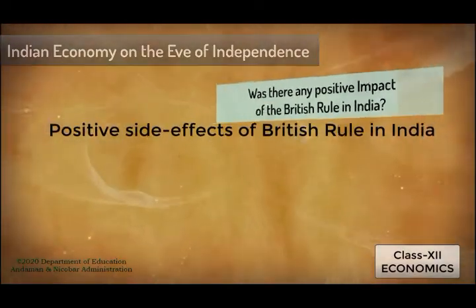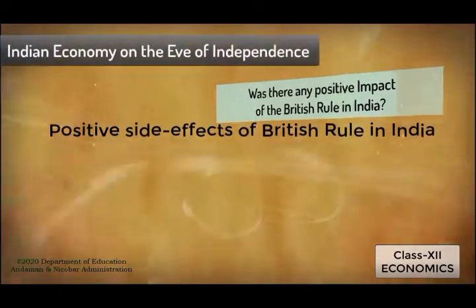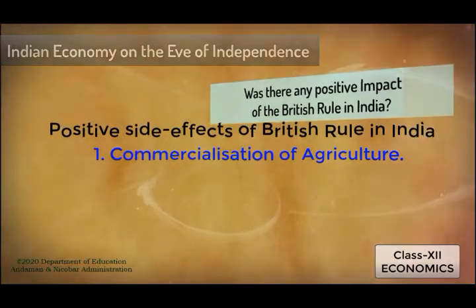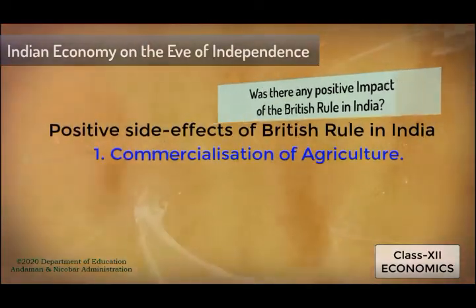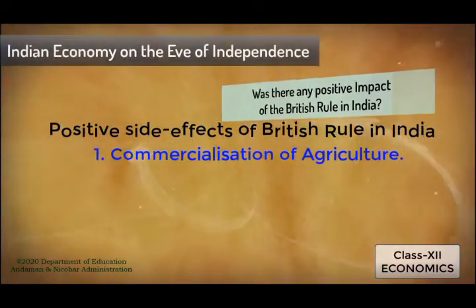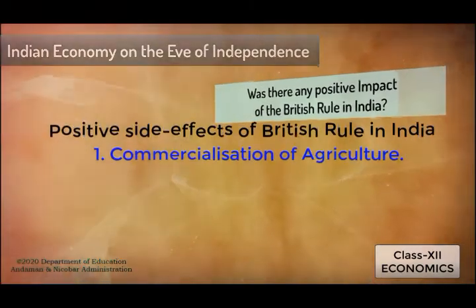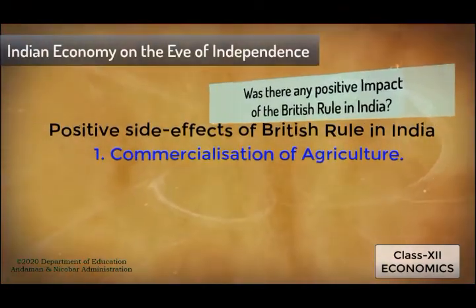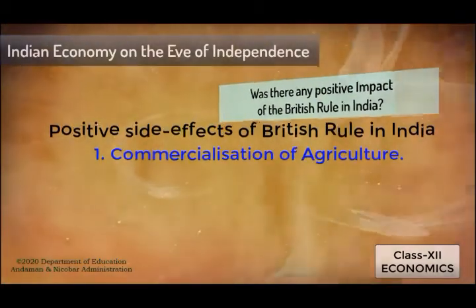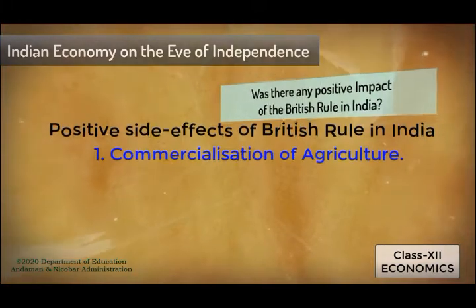In the positive side effects of British rule in our country, the first one is commercial agriculture. Commercial agriculture, which existed only as a conceptual possibility prior to British rule, started showing green shoots. It implied a good breakthrough as it started changing the outlook of farmers, and farming gradually came to be accepted as a business rather than merely a means of subsistence.